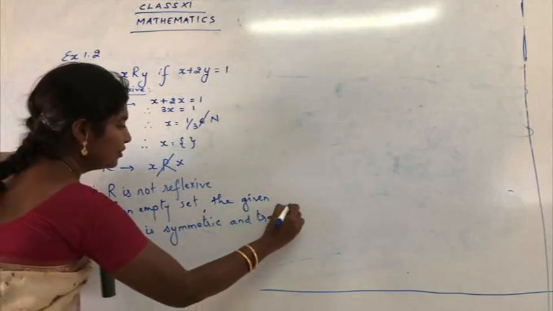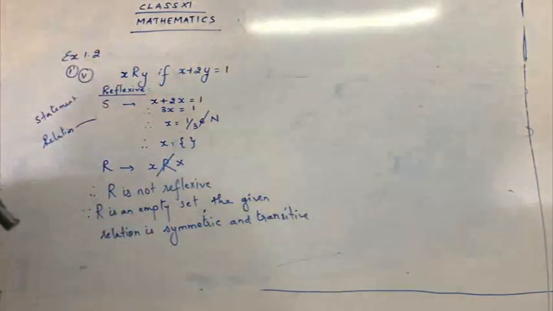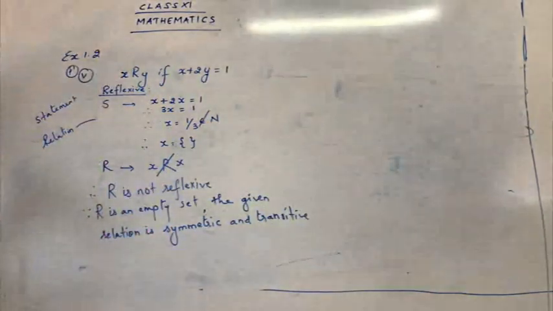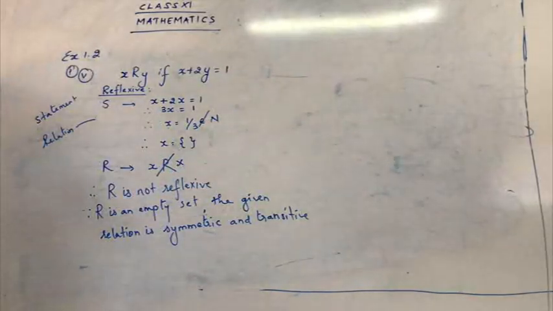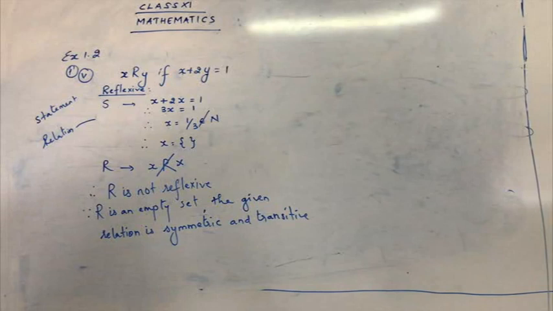So here, no need to prove all the three relations separately. We have just gone through the first part of reflexive, and from reflexive we have arrived to a conclusion that R was an empty set. And since R is an empty set, we say the given relation is symmetric and transitive. So we are following the point from page number 15. Is it clear, children?